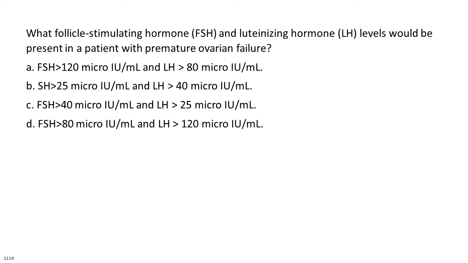B. FSH greater than 25 micro-international units per ml and LH greater than 40 micro-international units per ml. C. FSH greater than 40 micro-international units per ml and LH greater than 25 micro-international units per ml. D. FSH greater than 80 micro-international units per ml and LH greater than 120 micro-international units per ml.